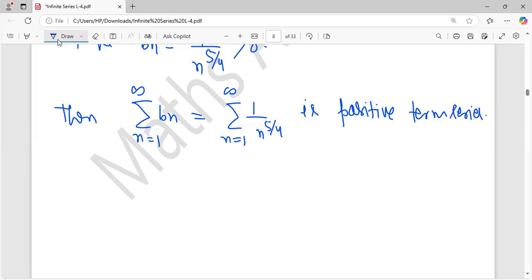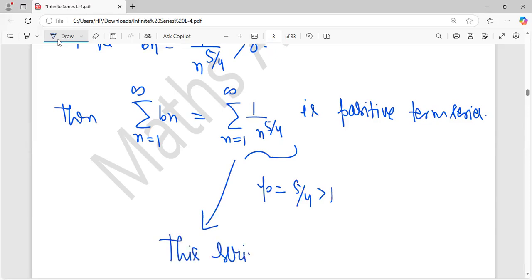Here what is p? p is 5 by 4, that is greater than 1. So this implies this series is convergent, because in the auxiliary series, if p is greater than 1, the series is convergent.